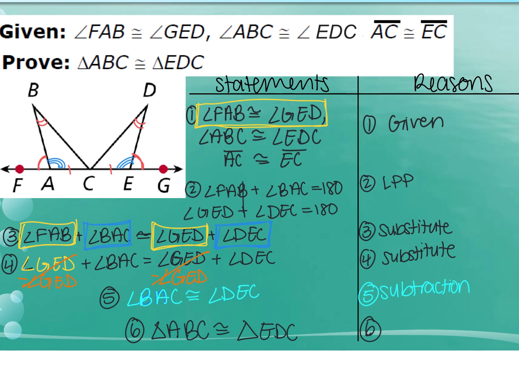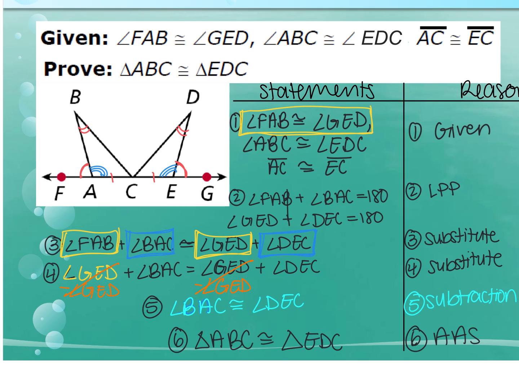Angle, angle, side. Okay. Do we have questions on this one? Do we all understand where I'm getting all this information from and why I can get it? That's something you have to be able to look at and figure out when you're taking your test.